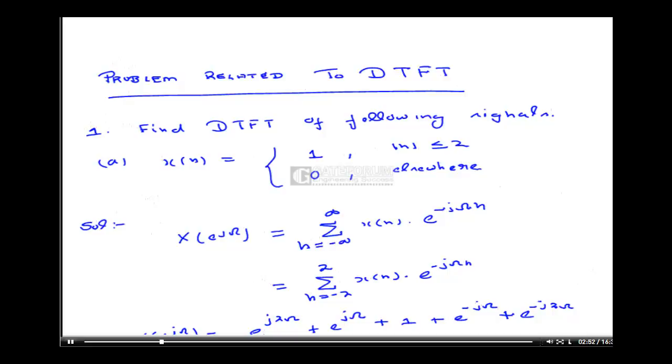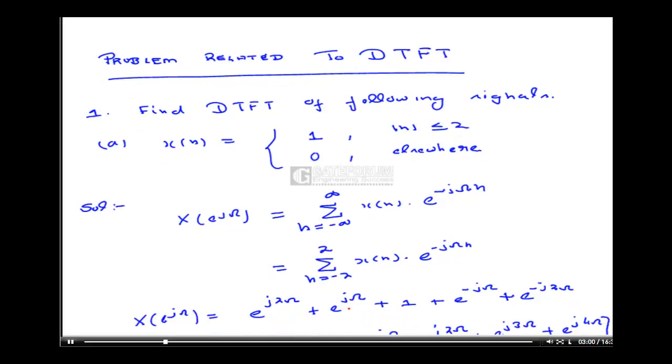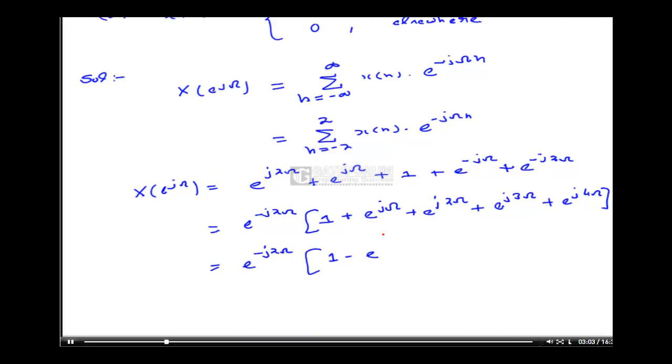This is equal to e to the power minus j2 omega times 1 minus e to the power j5 omega upon 1 minus e to the power j omega.